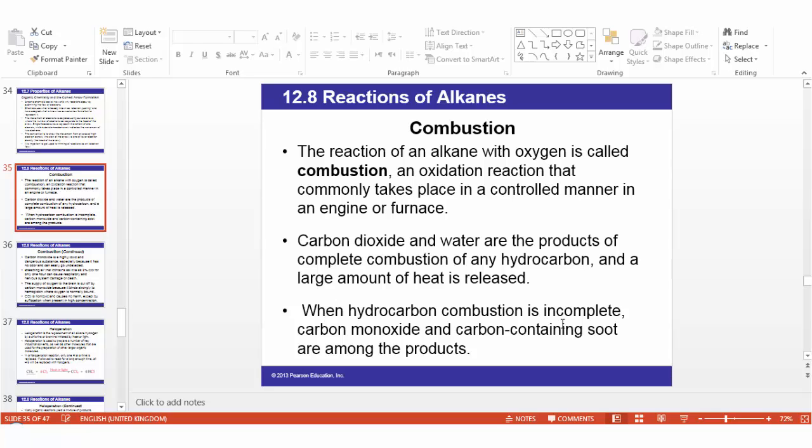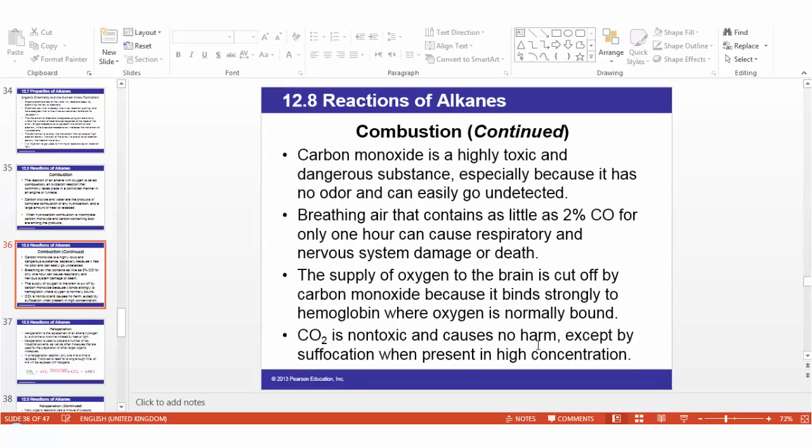When hydrocarbon combustion is incomplete, carbon monoxide and carbon-containing soot are among the products. Carbon monoxide is a highly toxic and dangerous substance, especially because it has no odor and can easily go undetected. Breathing air that contains as little as 2% CO for only 1 hour can cause respiratory and nervous system damage or death.